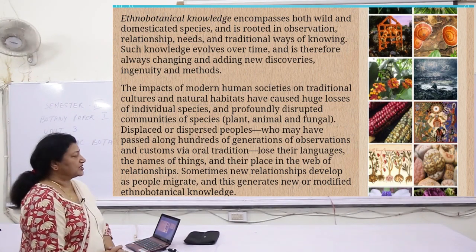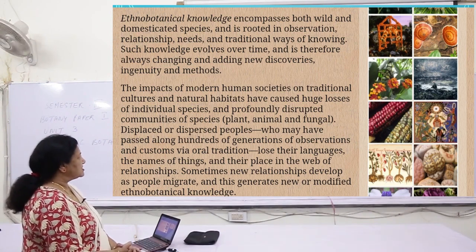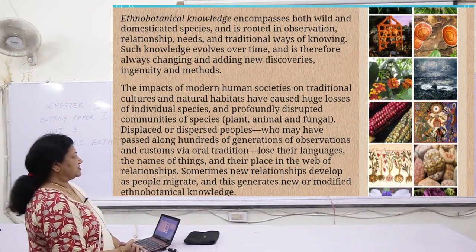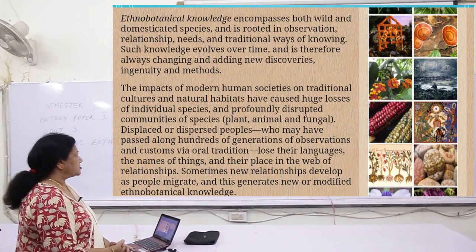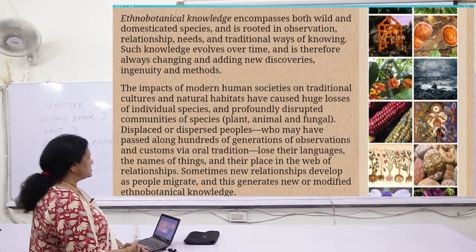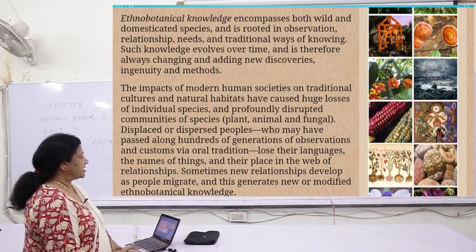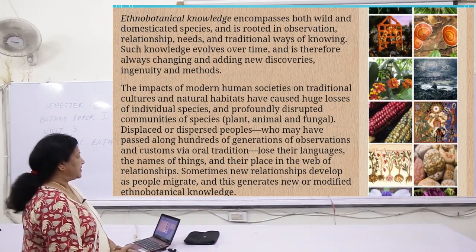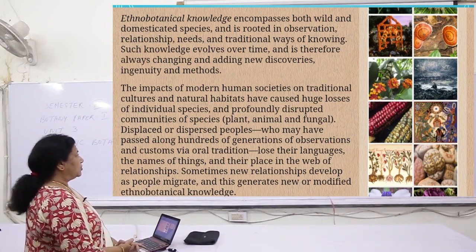The impact of modern human society on traditional cultures and natural habitats has caused huge losses of individual species and profoundly disrupted communities of species, that is the plants, the animals, the fungi and the entire microflora. Displaced or dispersed people who may have passed along hundreds of generations of observations and customs via oral tradition lose their languages, the names of things and their place in the web of relationship. Sometimes new relationships develop as people migrate and this generates new or modified ethnobotanical language.